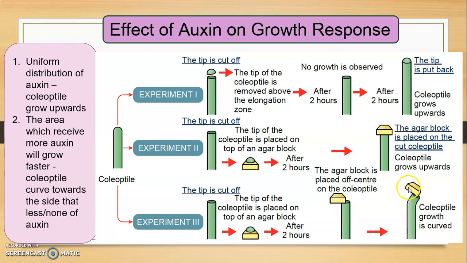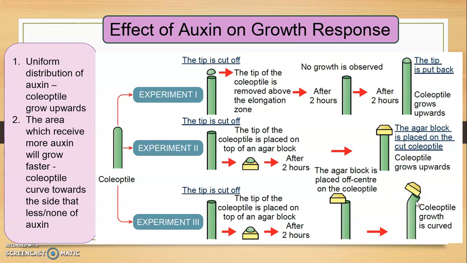Why curved? Because at this left side, bahagian sebelah kiri ini, the agar block is placed. So the auxin in the agar block will diffuse into the left side, and it will stimulate the growth or the elongation of the left side only.